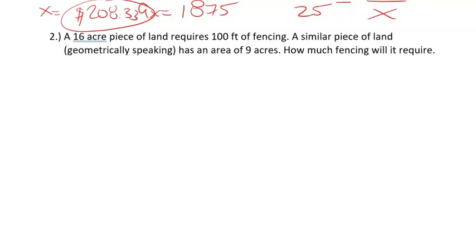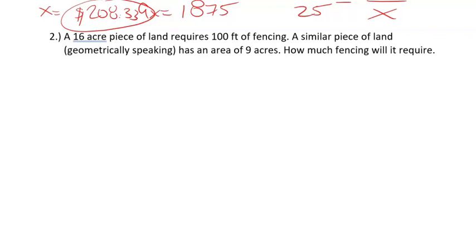So here, they tell you a 16-acre piece of property requires 100 feet of fencing. A similar piece, geometrically speaking, has an area of 9 acres. How much fencing does it need? So what is the ratio they gave us? Sides, perimeters, or areas? Areas.